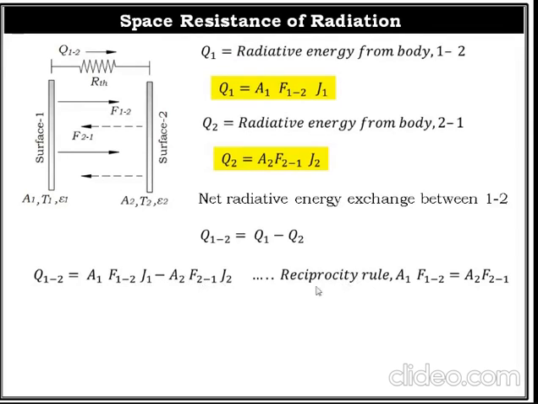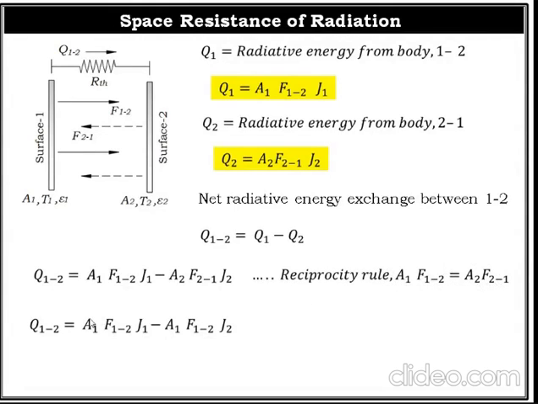Now we know the reciprocity rule. Area A1 times shape factor F12 must be equal to area A2 times shape factor F21. This is the reciprocity rule. So we can replace this A2 F21 by A1 F12, or A1 F12 by A2 F21.